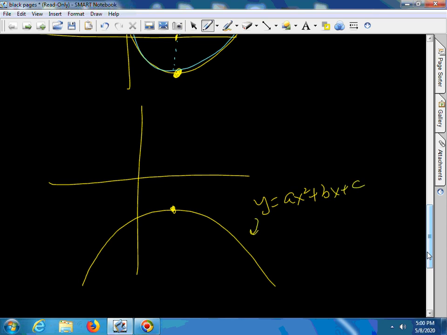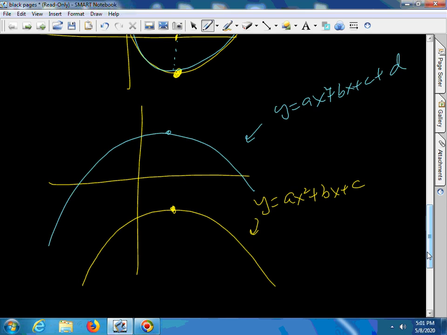I'm going to add enough so it goes above. So this one will be y equals ax squared plus bx plus c, and I add positive d. That is, this distance is always d. I raise every point by d.